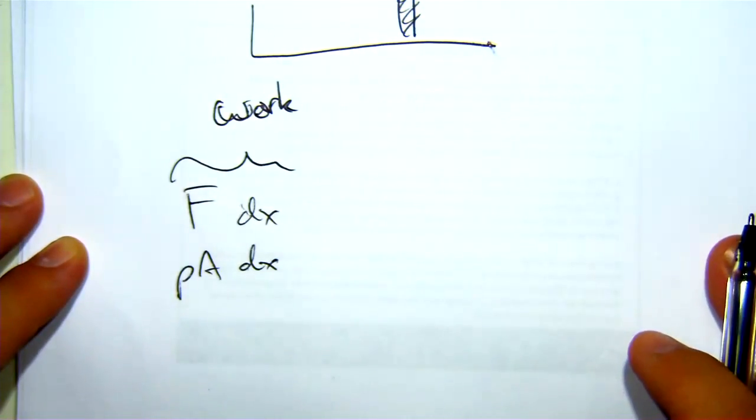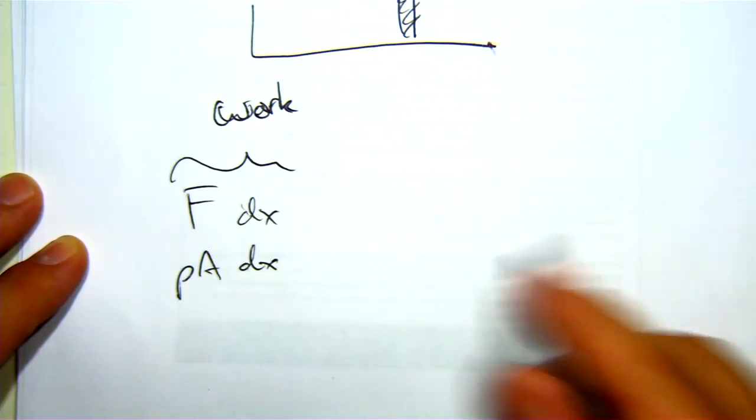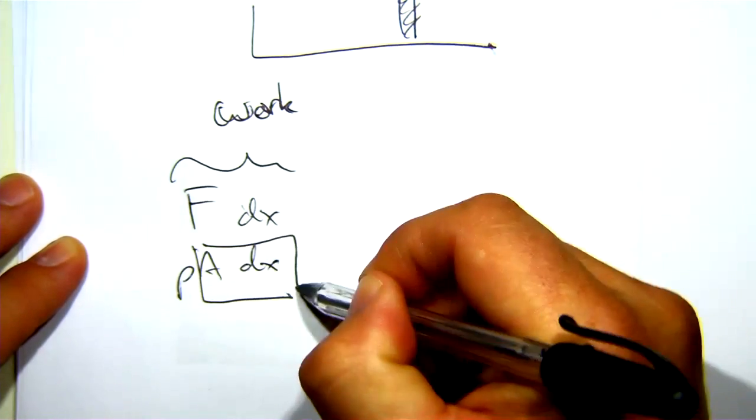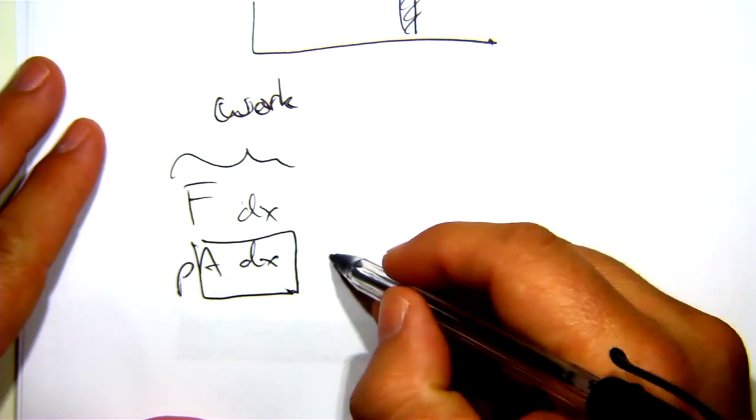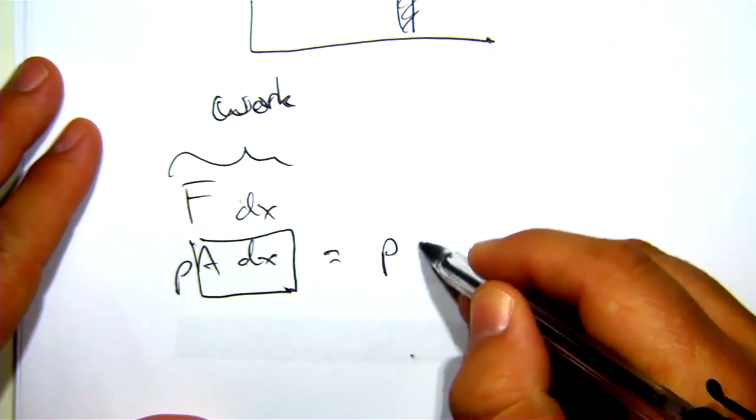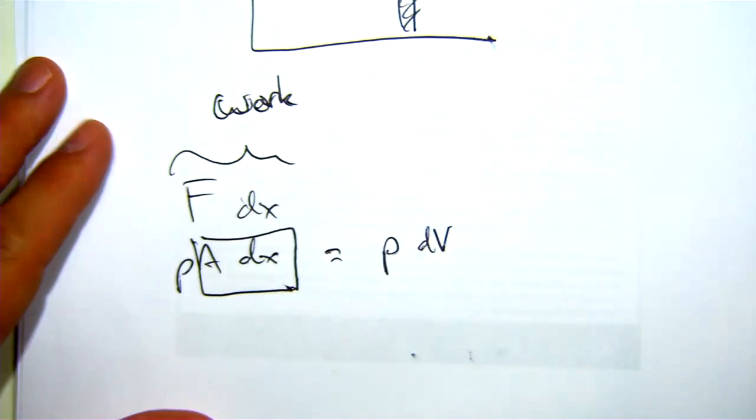The A is not changing, so the area is the same no matter how far I push that cylinder. This guy together, my area times a little change in distance, is the change in the volume of the system. So it really is no magic to then write P dV.